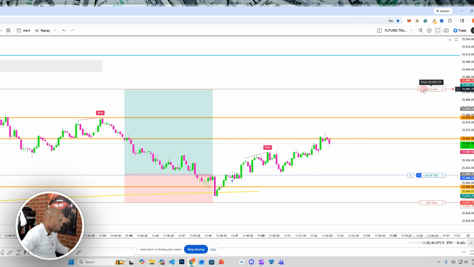All right. So currently, instead of a 1 to 3.5, I've moved my take profit down to a 1 to 3. I'm not going to move. I'm tempted to move my stop loss up, but you know what?